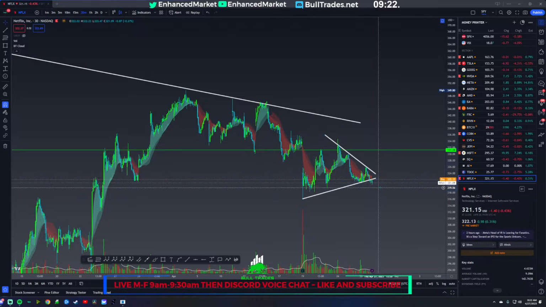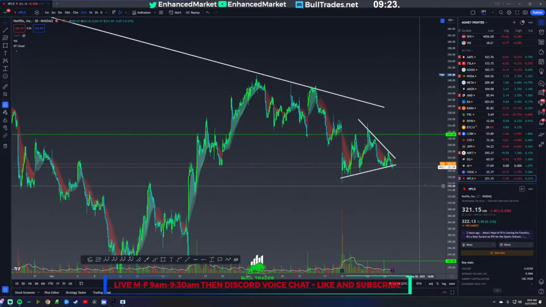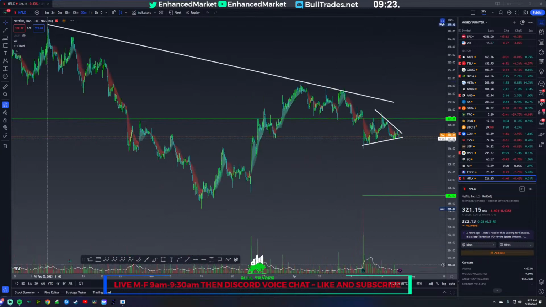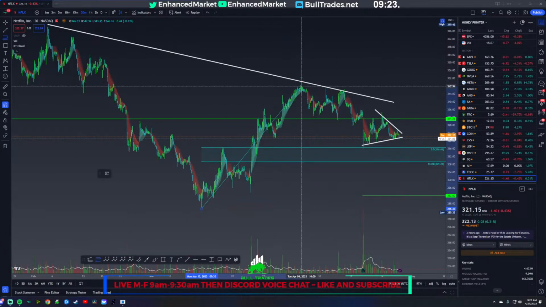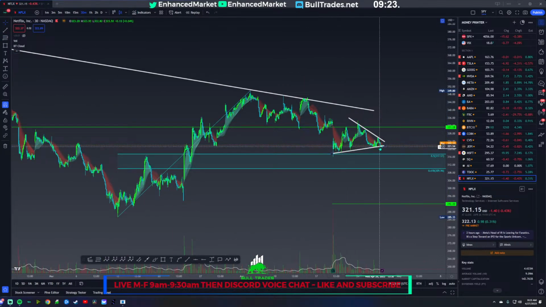Kind of got like a fake breakdown here. Most touches would be right here. Overall, it's probably in between the 0.5. So we got that 0.5 bounce. We're creating higher and higher lows, lower and lower highs. So he's probably looking for a bounce right in this zone. Off to 330.